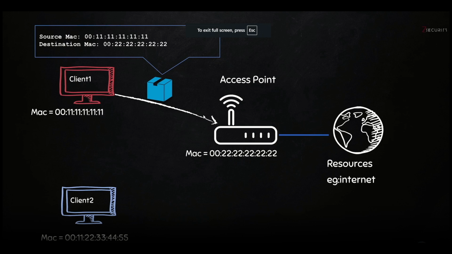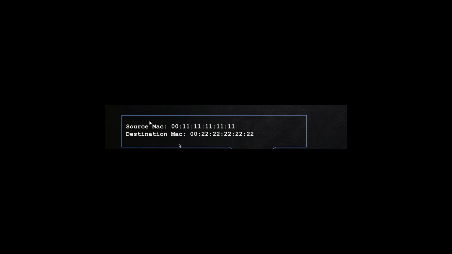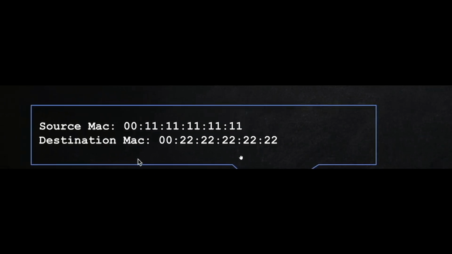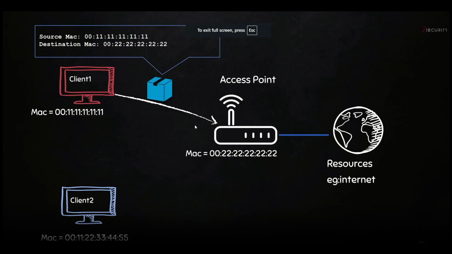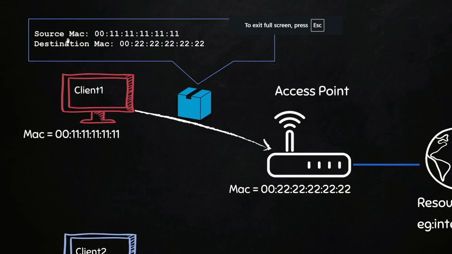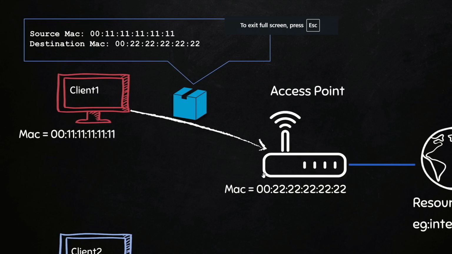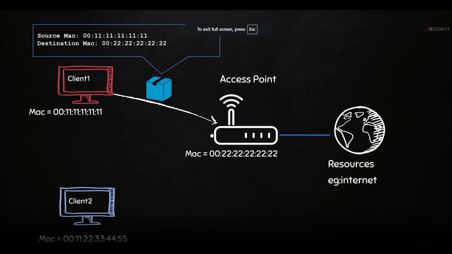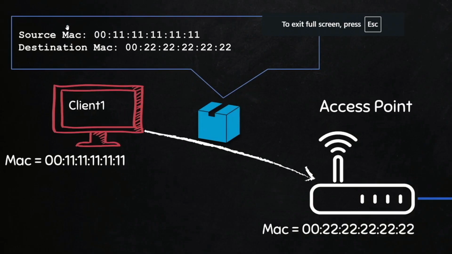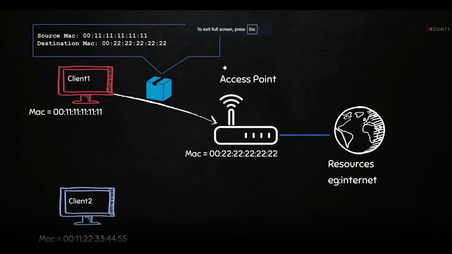Whoever is supposed to receive the packet has the destination MAC address. A packet should have the source MAC as well as the destination MAC, and the destination MAC is the device itself if it is about to receive that packet. As you saw in the last video, we can change the MAC address of devices, so you can impersonate some devices, but that's not important.